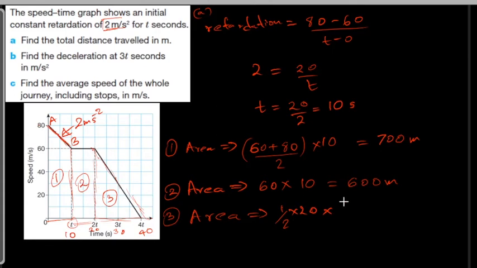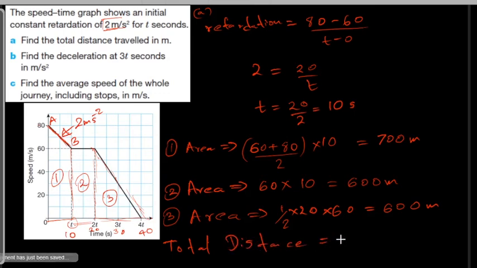Perpendicular height is 60. Again we got 600 meters when you solve it. So the total distance traveled equals the combination of all these three areas. It's going to be 600 plus 600 plus 700, which is equal to 1900 meters.